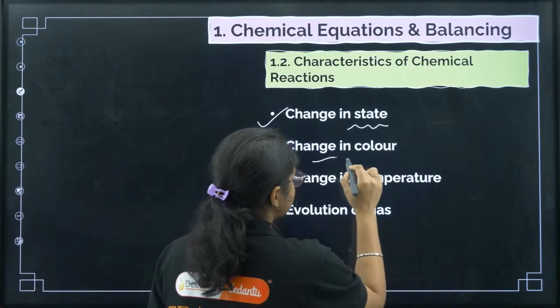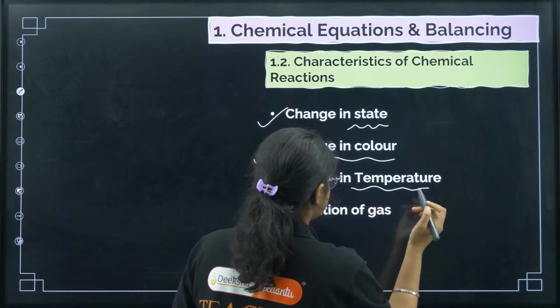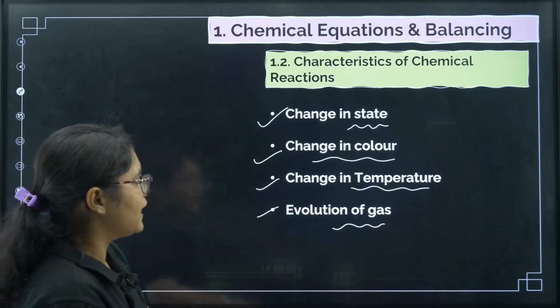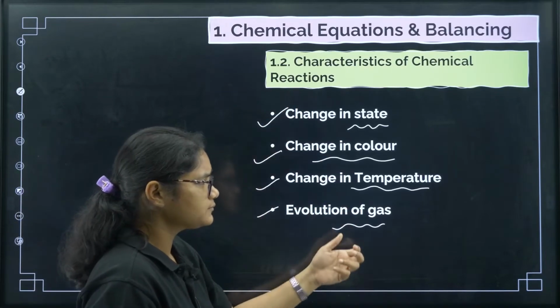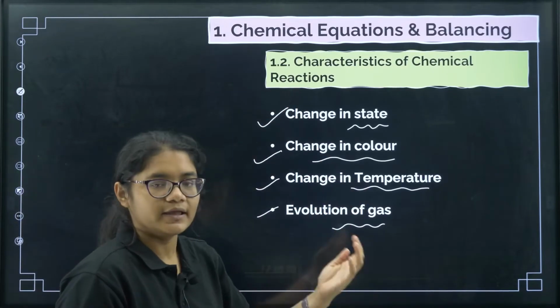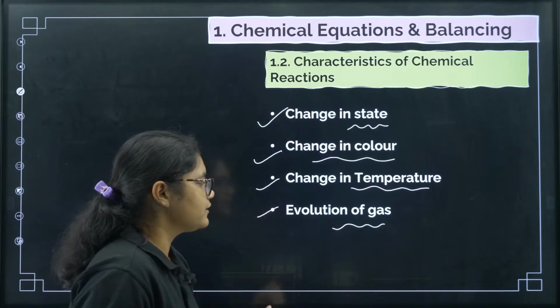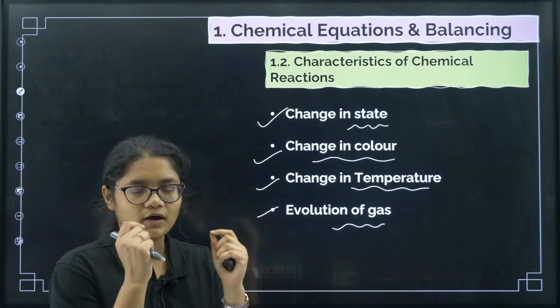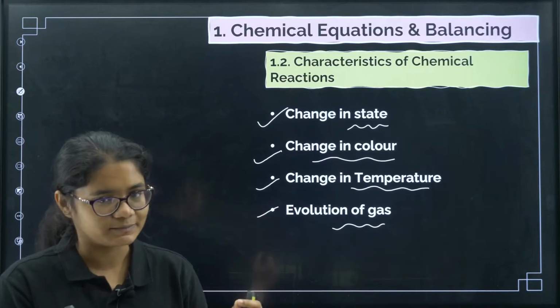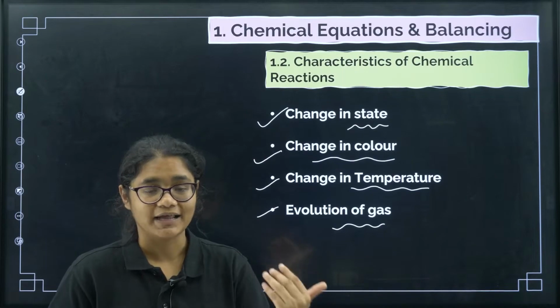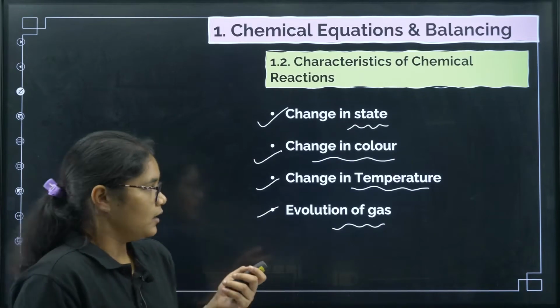There should be some change in color, some change in temperature, or there can be evolution of gas. If any of these changes take place, it can be any one of them or more than one. Generally we find more than one change takes place. In that case we can say that a chemical reaction has taken place.